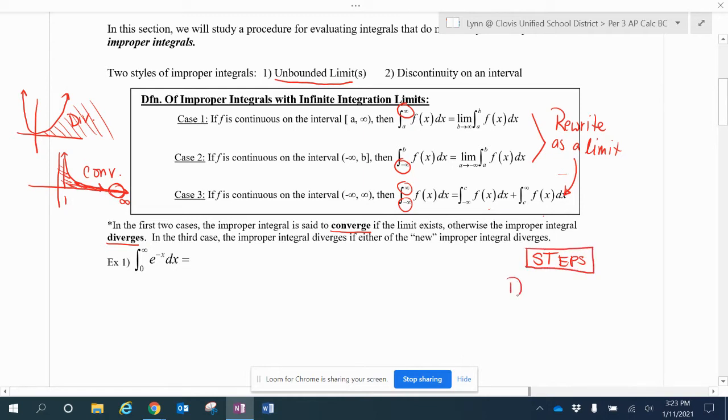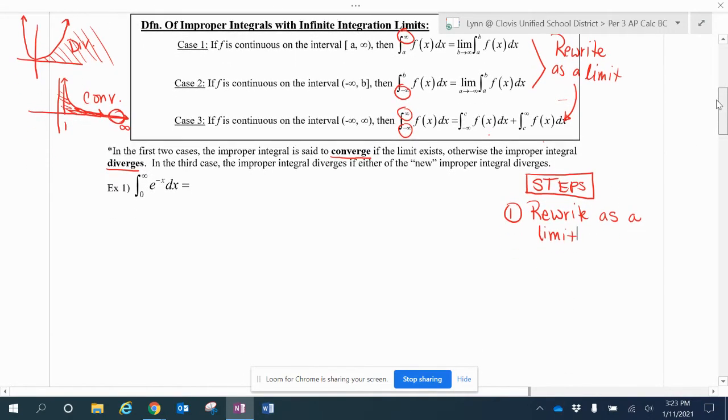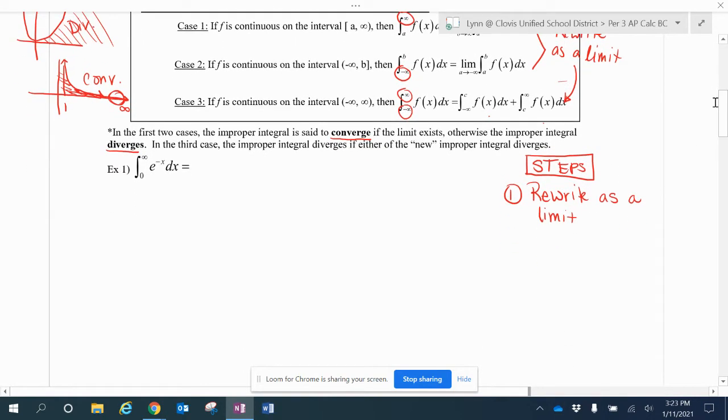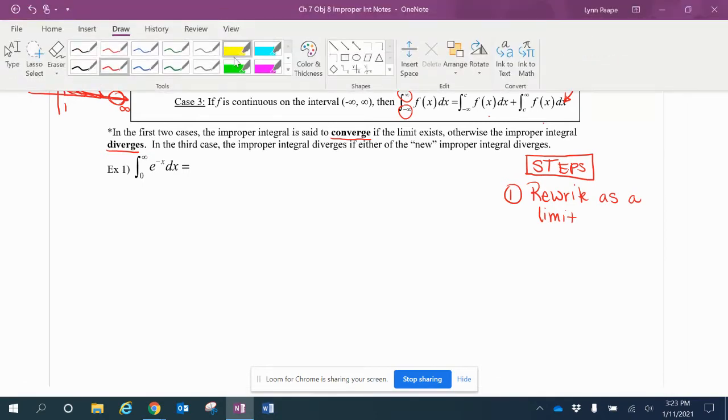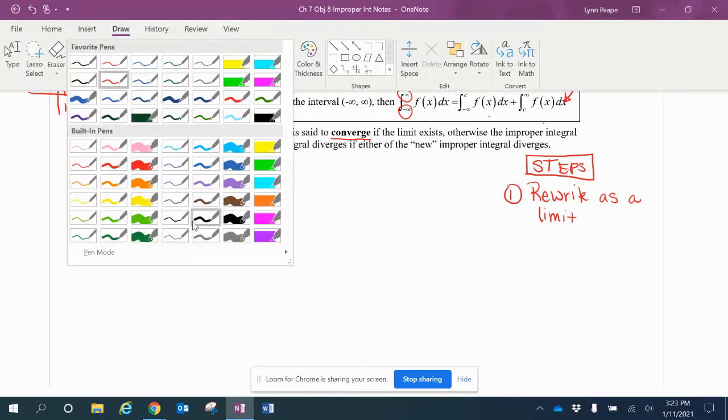So the very first thing we need to do is rewrite as a limit when we're working with improper integrals. That does have to be your first step. When I'm looking at this, I can see that I have this upper limit of infinity, and I need to make sure I don't have it written in that fashion.